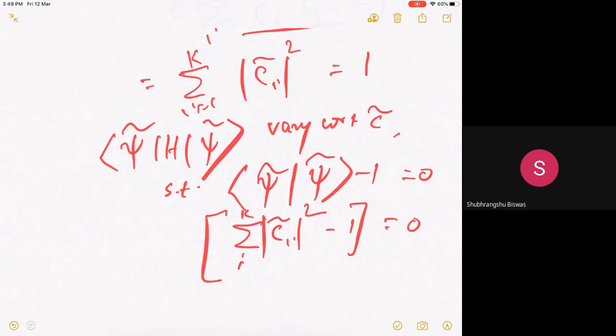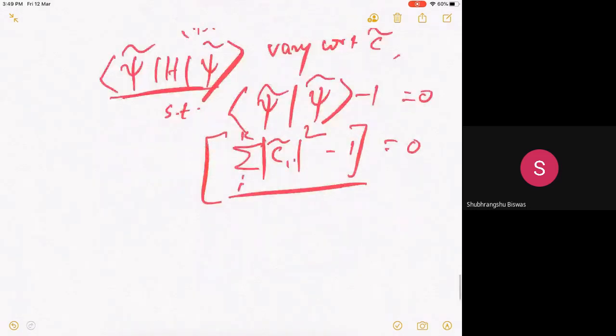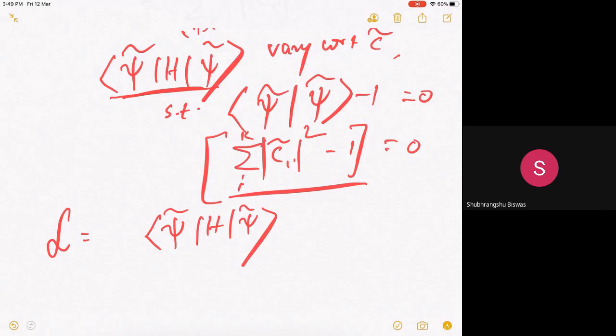So what I'm doing is varying these subject to a condition. I think in Hartree-Fock you have done very similar things, right? So what do you do? You use a Lagrange variation. You construct a Lagrangian of psi tilde h psi tilde minus lambda times the sum over I, and that is very important, of mod ci square minus 1, that is equal to 0.